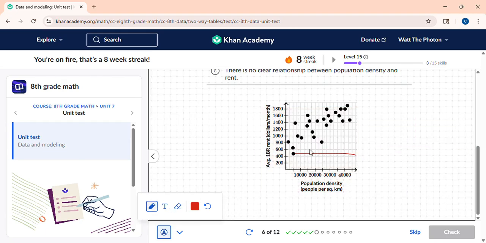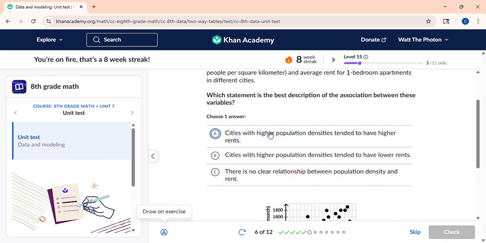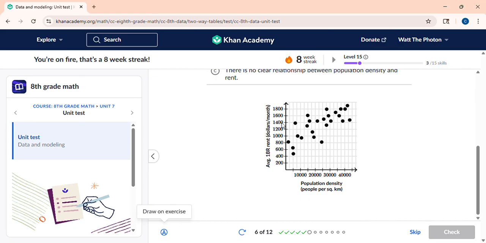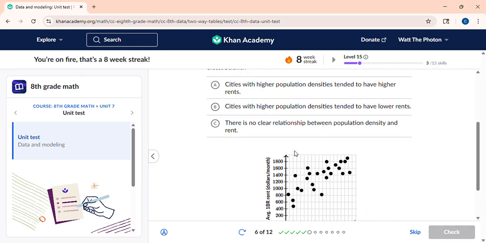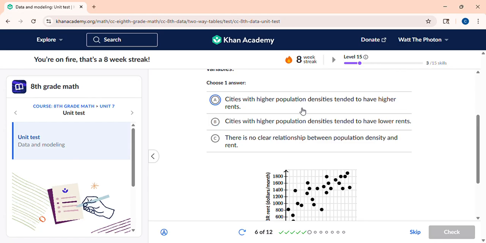This is a new lowest, a new lowest, a new lowest, and keep on reaching new highs. So cities with higher population density tend to have higher rents.